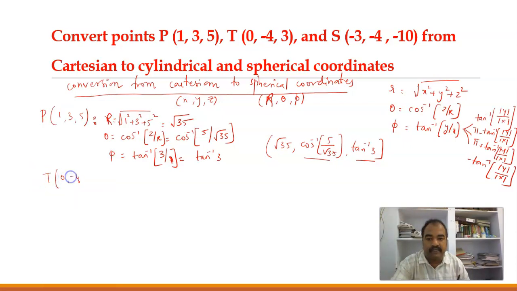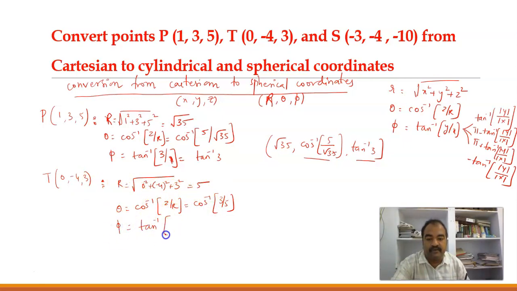Okay. Next is the point 0 comma minus 4 comma 3. For this point, r is equal to square root of 0 square plus minus 4 whole square plus 3 square. It is 5. Theta is equal to cos inverse of z by r, it is cos inverse of 3 by 5, and phi is equal to tan inverse of y by x, so minus 4 by 0.